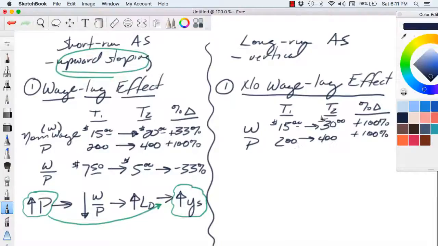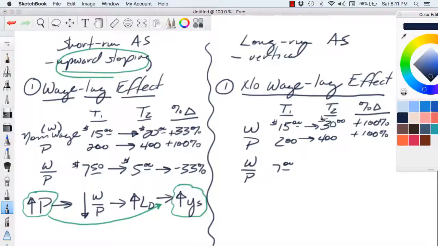And given longer periods of time, you would expect that workers are less likely to be fooled by price level changes, that given enough time, they can catch up if they've fallen behind and make adjustments to their wage demands by leaving a job and finding another job if their current employer will not allow them to keep up with price level changes. So you can see here that if you divide W by P, the real wage doesn't change.